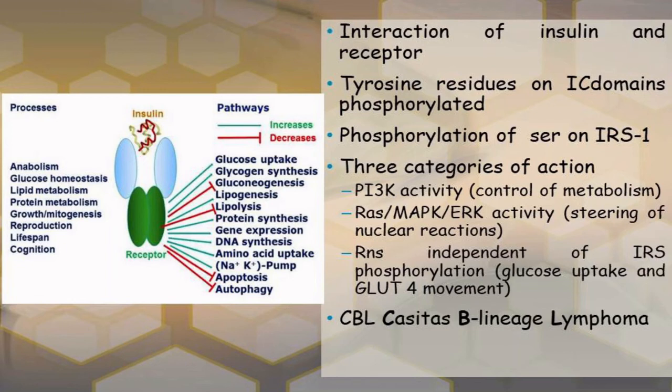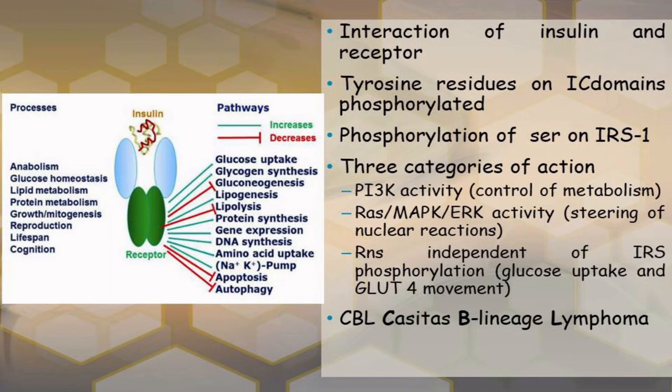So all the cellular processes that require energy are activated with the help of insulin, whereas all the systems which do not use energy but synthesize energy are inhibited or deregulated, so that gluconeogenesis, lipolysis, apoptosis, and autophagy are decreased in rate.